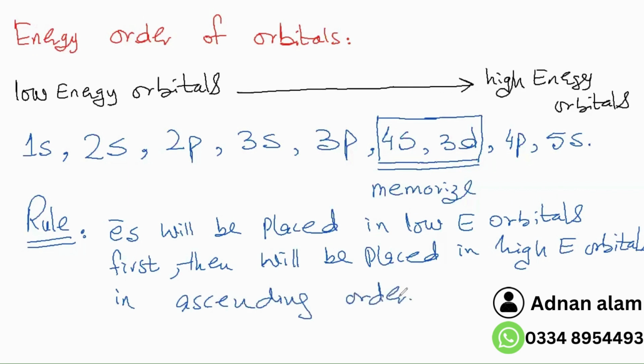So you need to place electrons in the low energy orbitals, and then electrons will be placed in high energy orbitals in ascending order. If you do this, this will be termed as electronic configuration.